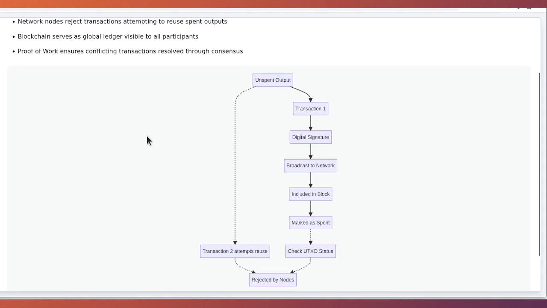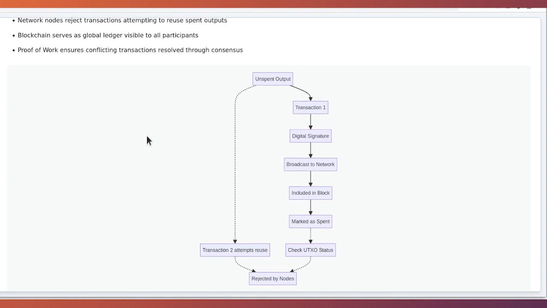Once the output is spent, it's marked as spent on the blockchain. If someone tries to create another transaction using the same output, network nodes will reject it because they can see that output was already spent in an earlier transaction. The blockchain serves as a global ledger that everyone can verify.